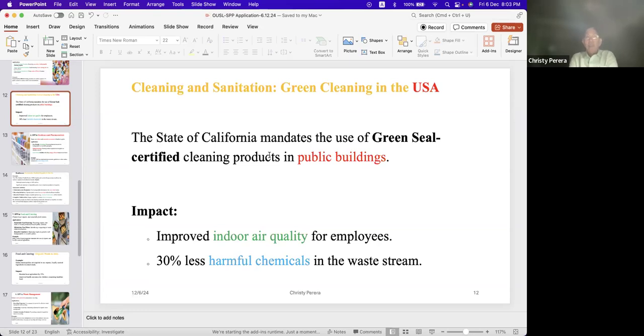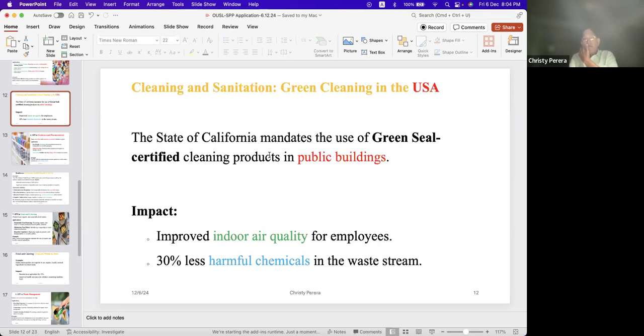If you use those liquid Green Seal certified cleaning products, it's good for indoor air quality for employees. We are the same in our houses. On the day we clean, we think that chemical smell is a fragrance, but it's not. Various smells come, like cinnamon.